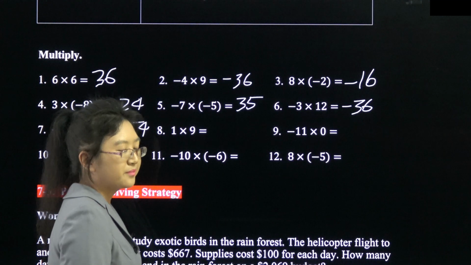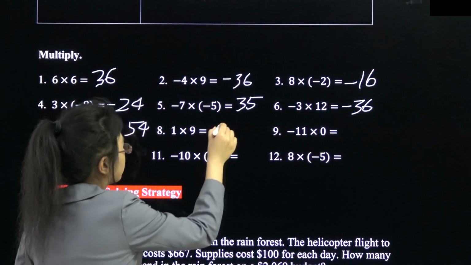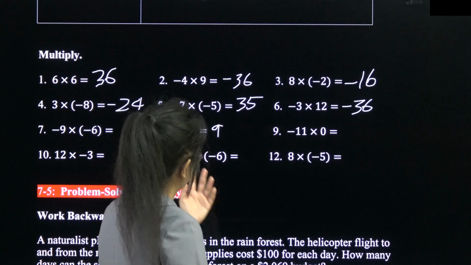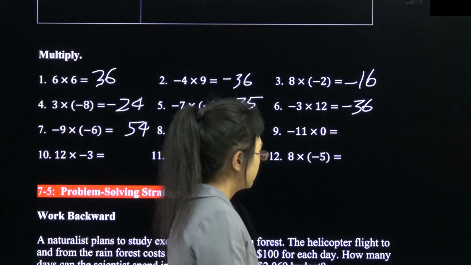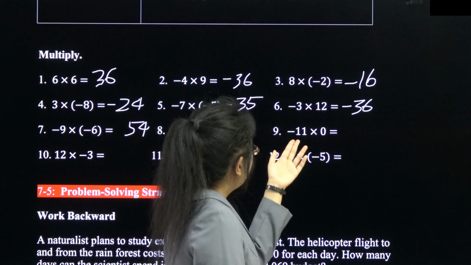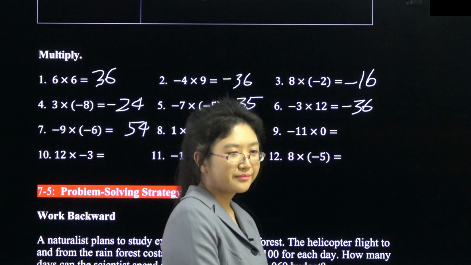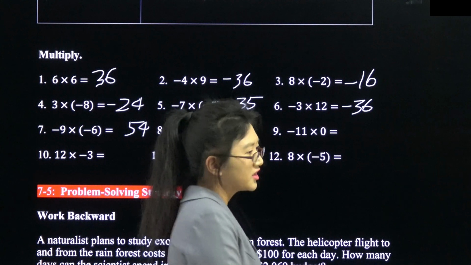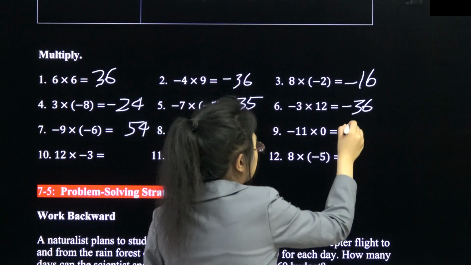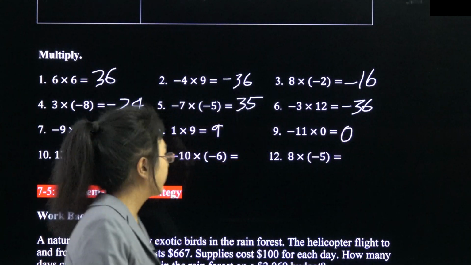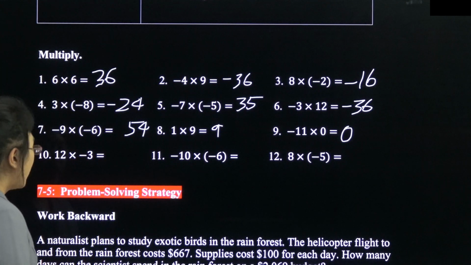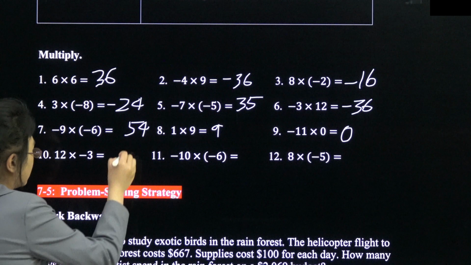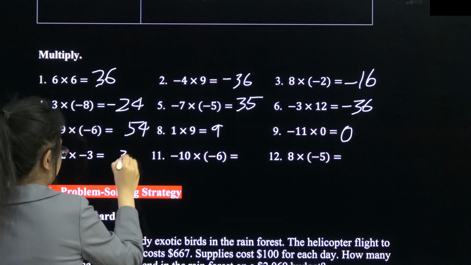1 times 9, it's positive because they're two positive integers and they have the same sign. Negative 11 times 0. Well, 0, because anything times 0 equals 0. 12 times negative 3. It's 12 times 3, 36.